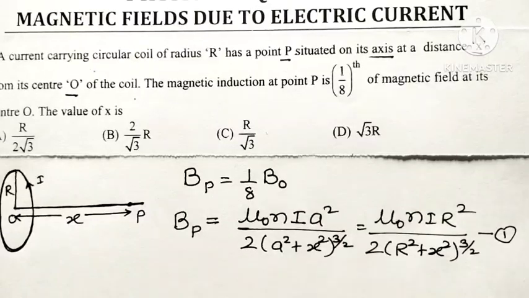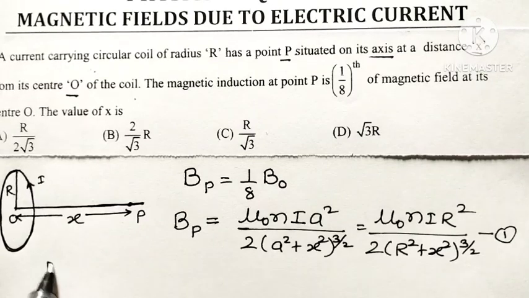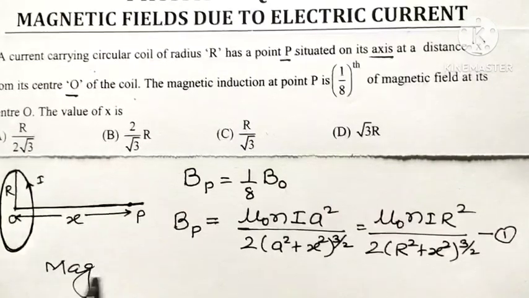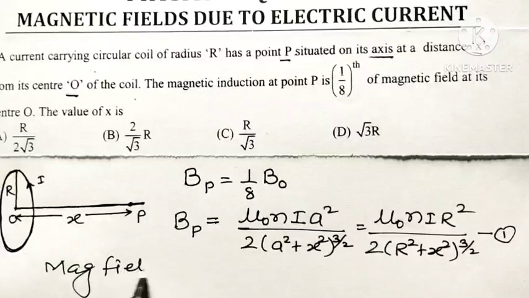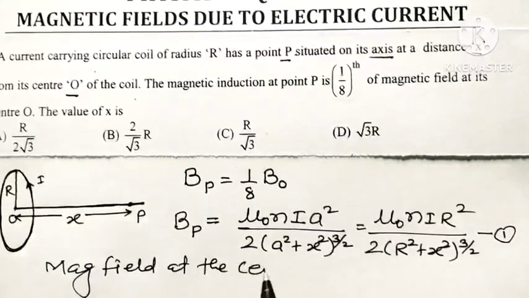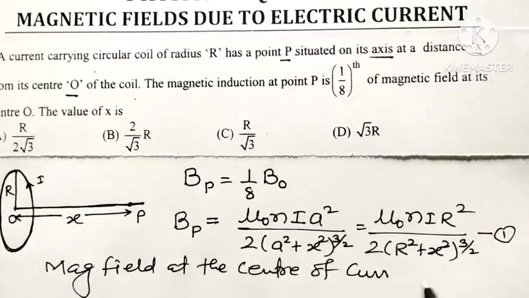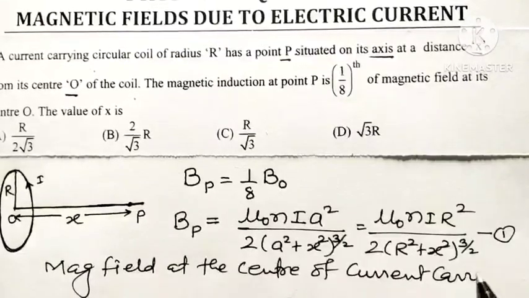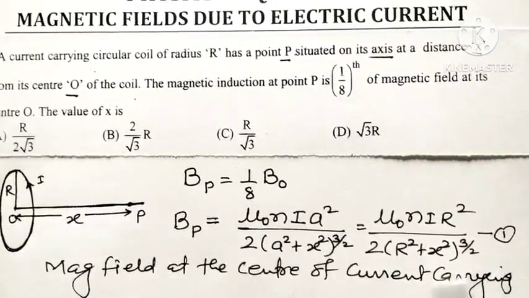Now we want to compare it with the magnetic induction at the center of the circular current carrying coil. What is the formula for the magnetic field at the center of a current carrying coil?